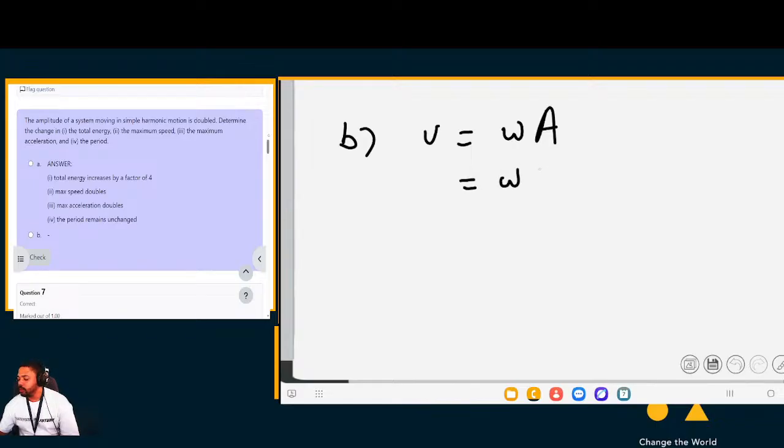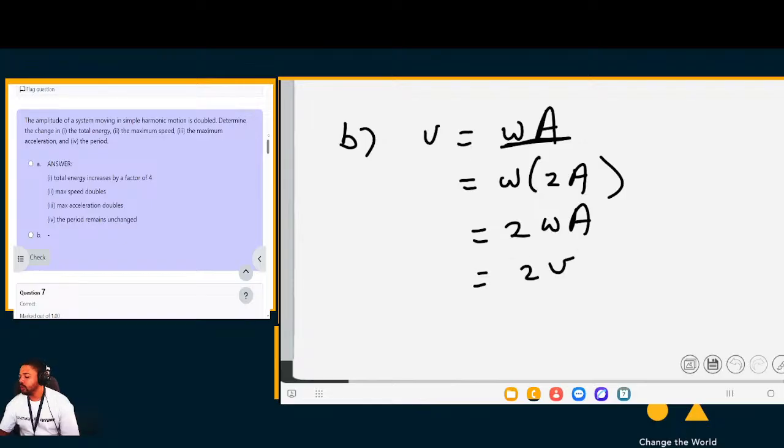So if we double the amplitude, the new speed is just 2 times angular speed times amplitude, and we know that that is just 2 times the maximum speed. So the maximum speed doubles, and that is what the answer says there in number 2.